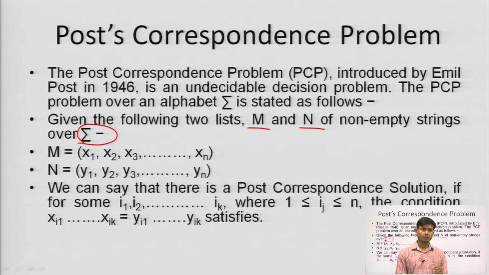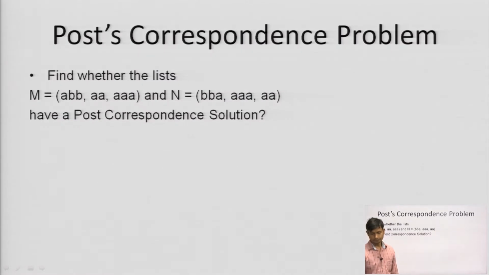We have to take a sequence from M and the same sequence of indices from N. Combining all the small strings, we get two long strings, one from x and another from y. If both are equal, then there is a solution, otherwise no solution. Let us come to the numerical.